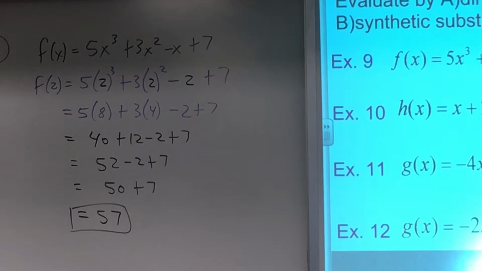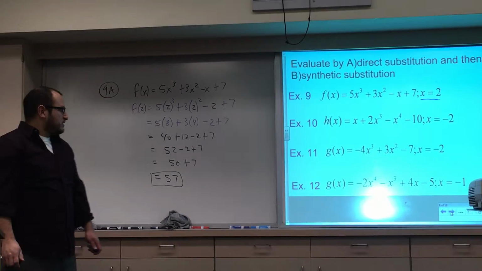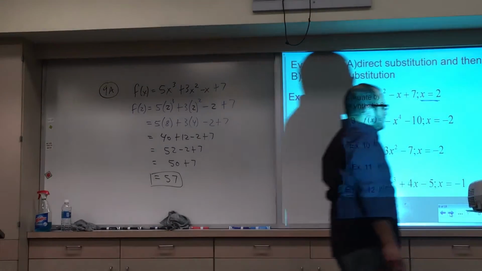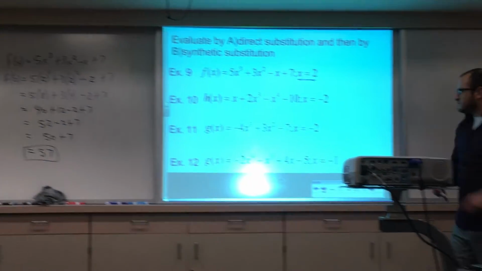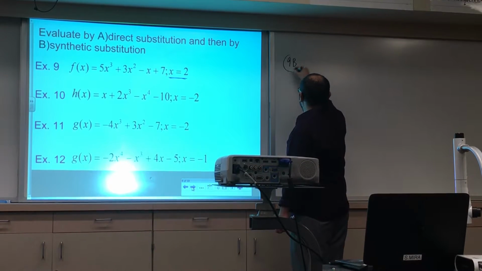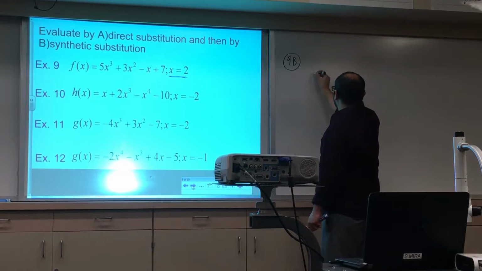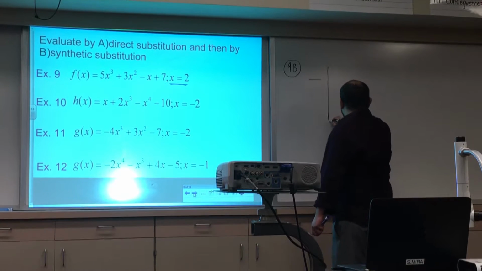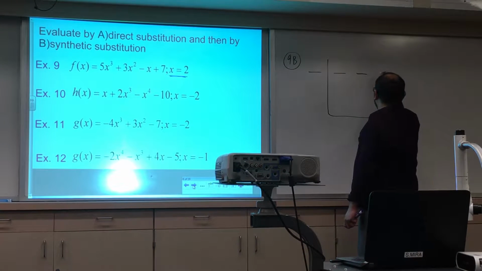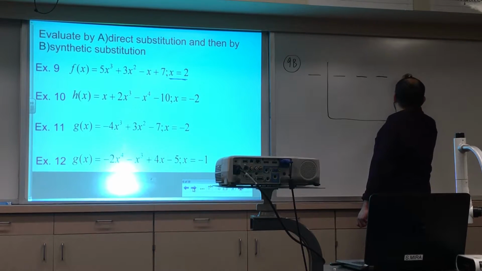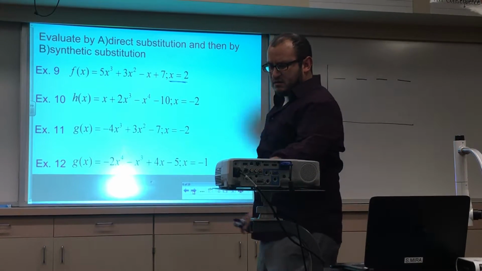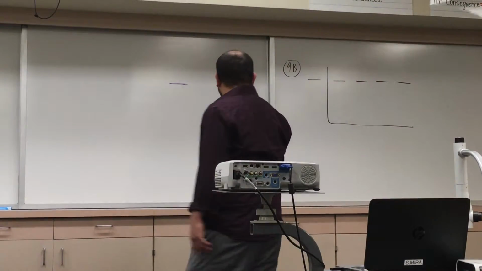The new one is called synthetic substitution. I'm going to leave this up here. We'll do it on this side. Let me go ahead and get rid of the slide. I'll bring it back in just a moment.